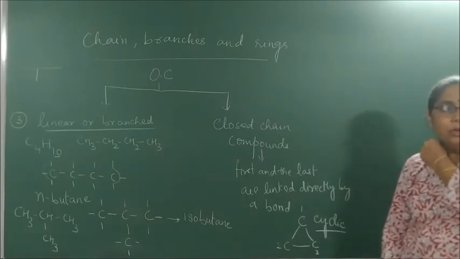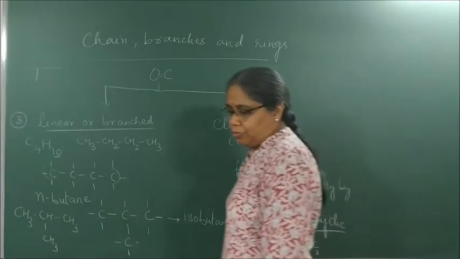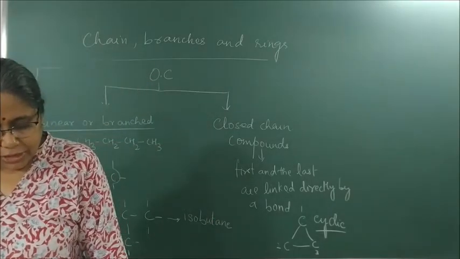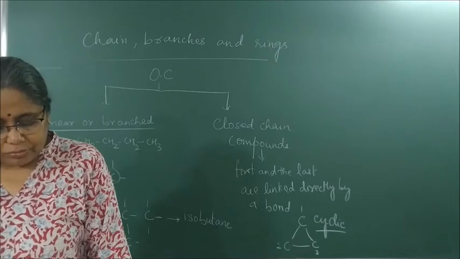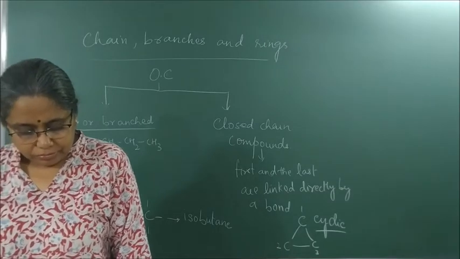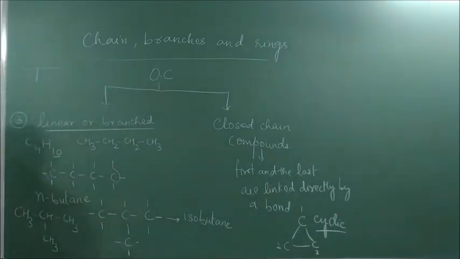After that, write one-sided branching is called iso.